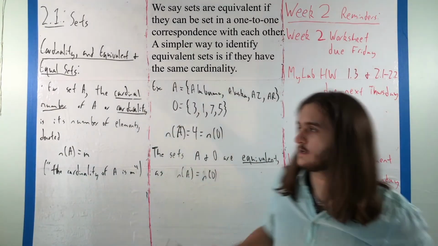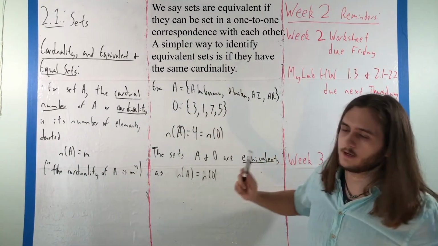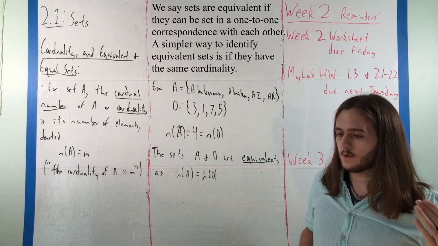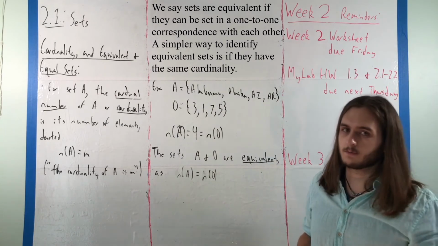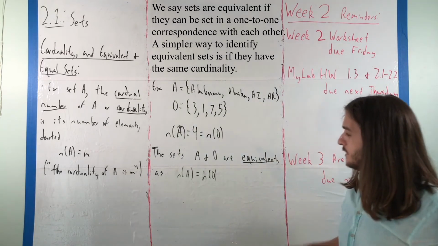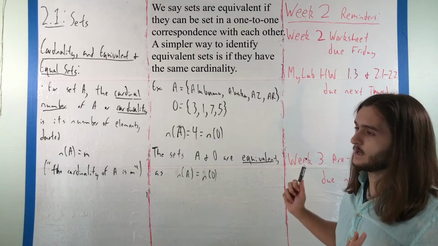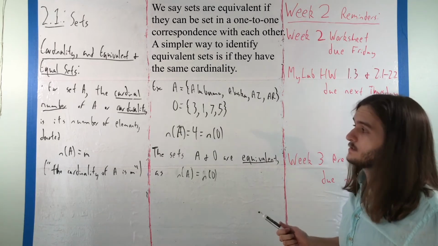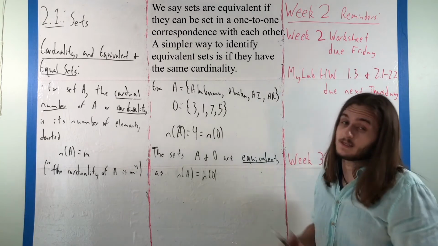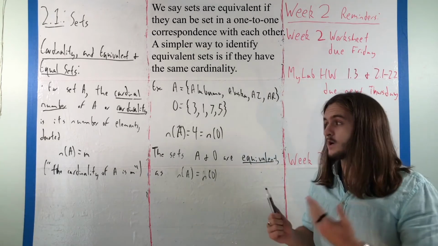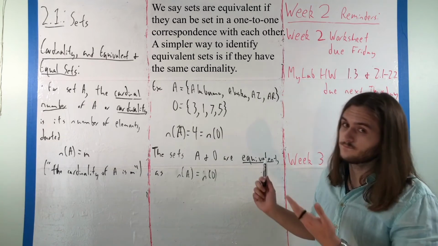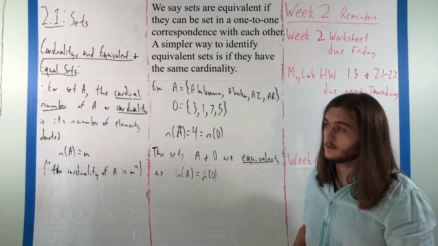But the idea is you could set one to the other and not have anyone unrepresented, or have one thing going to multiple places, or multiple things going to the same place. That's the same way as saying there's a one-to-one correspondence, but meaningfully, simply, that means they have the same size, same cardinality. But very clearly, these are not the same.